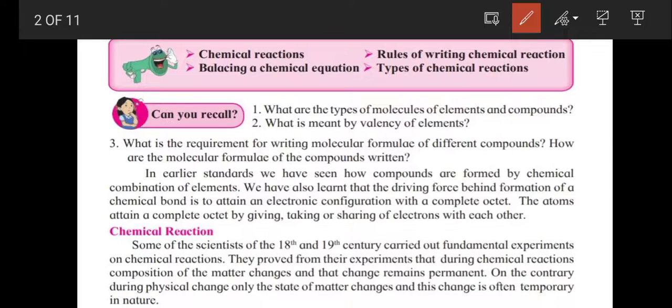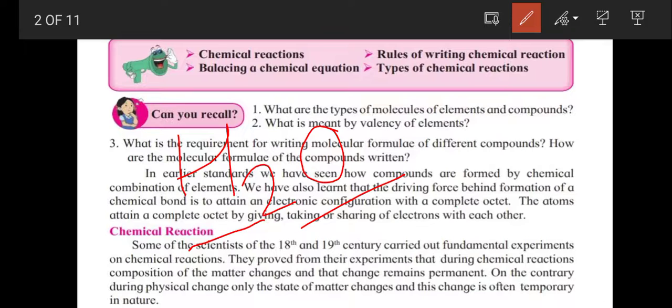Now the third question: what is the requirement for writing the molecular formula of different compounds, and how is the molecular formula of a compound written? Students, you know that a molecule means what? For example, if I write the H2O molecule, H2O means water molecule. Here there are two hydrogen atoms and one oxygen atom. So that molecule is formed from individual elements, and these elements are hydrogen and oxygen.